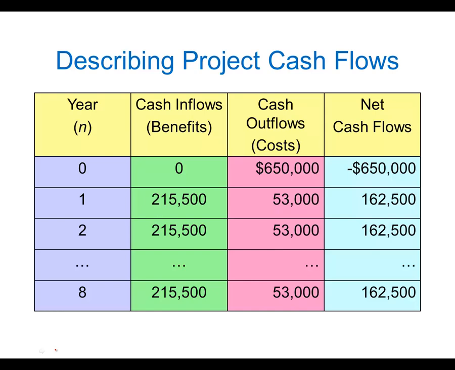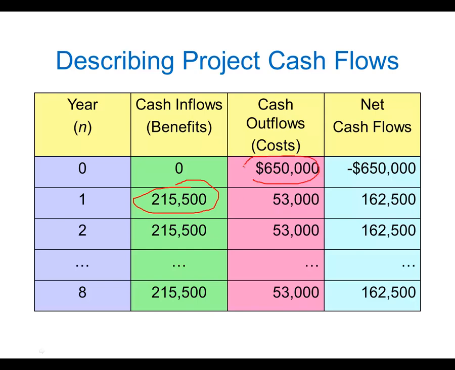So those are the two things that I need to consider. The net cash flow is listed in the last column, and based on that we can get the net present value. This is what we're getting as benefit or as gain. This is what we're spending.